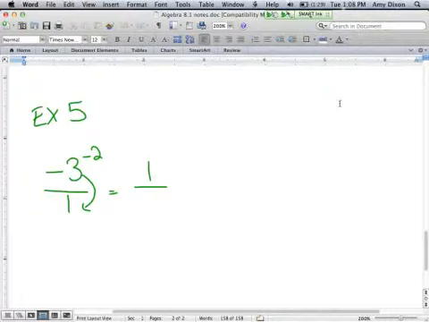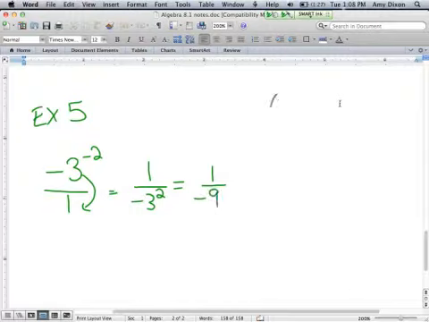You've got the exponent and you've got the base, the big number in the power. The base does not change sign. So this is still -3. The exponent becomes +2. So be careful with that. Do not change the sign of the base. Only change the sign of the exponent. And then this becomes 1 over -3 squared.